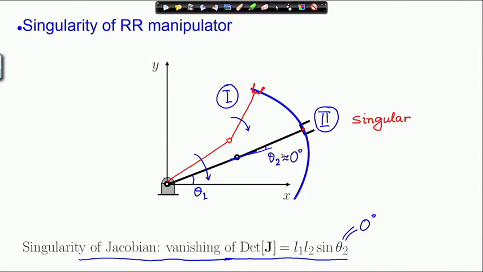As you can see, the manipulator is completely extended. So, this point on the path is actually on the boundary of the workspace.